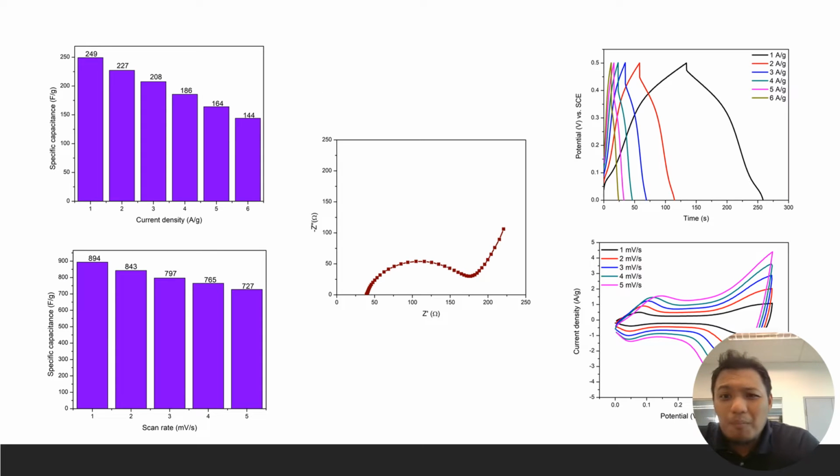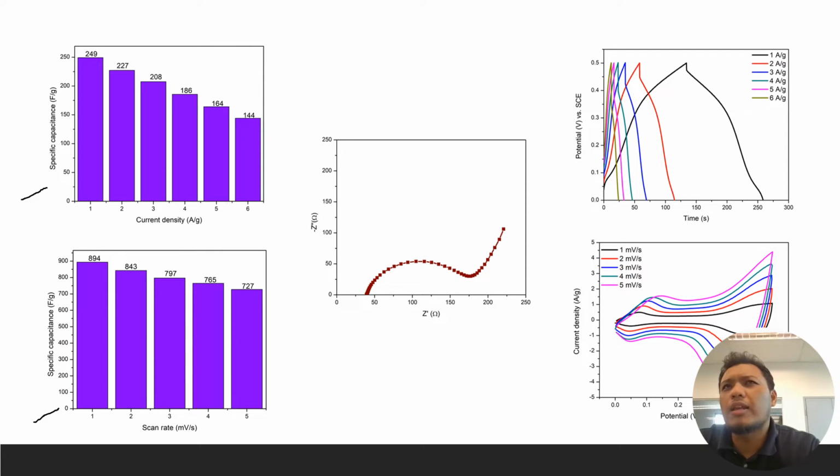Let's jump straight to the graph. This is my new project, about a new composite material. Let me show you with the highlighter. This is the specific capacitance. You need to know the specific capacitance value by the GCD and also the CV with scan rate and various current density. However, from this, you cannot see anything.